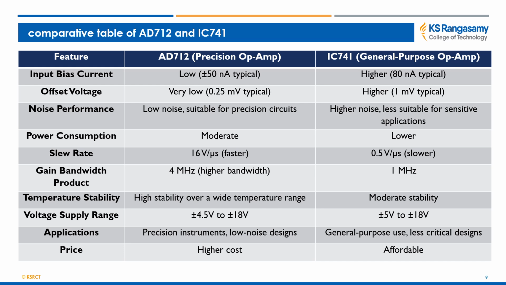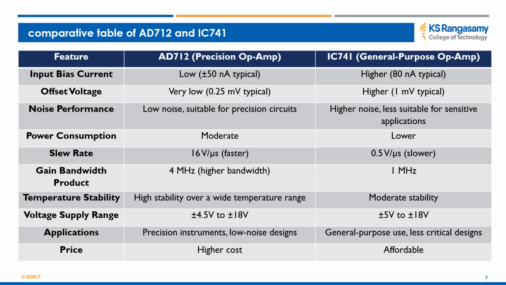Slew rate: IC741 has 0.5 volt per microsecond, compared with AD712, which has 16 volts per microsecond. I confused the micro and milli here, so that's why I was having trouble saying micro and milli.